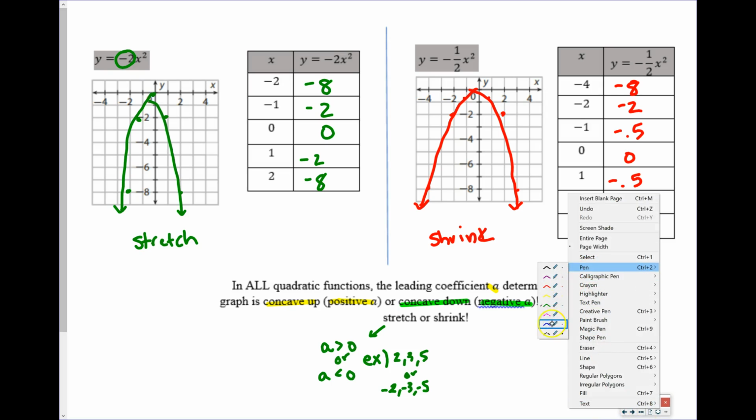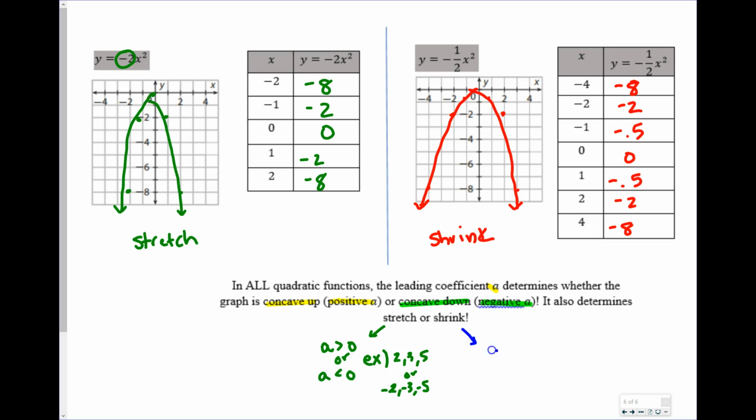A shrink, on the other hand, is if a is between 0 and 1. In other words, a decimal like 0.1, 0.2, 0.3, all the way up to 0.9. So notice that I've got 1/2. Half is between 0 and 1. Okay?